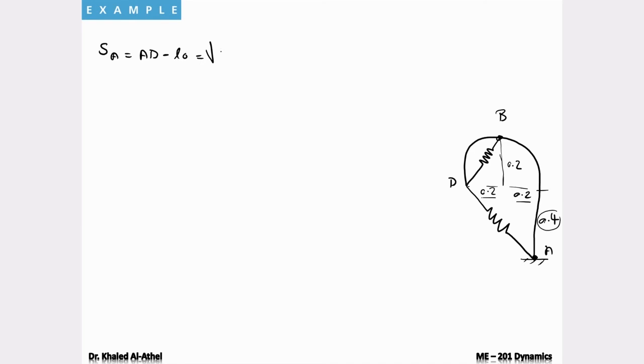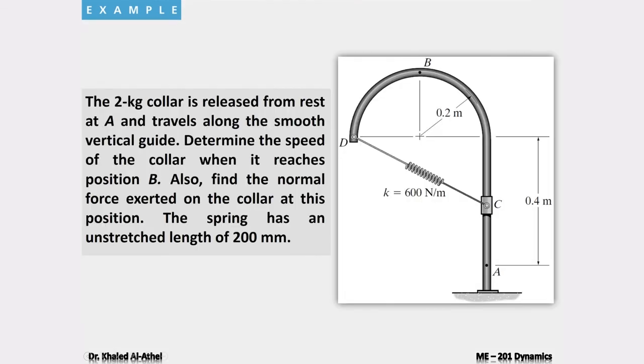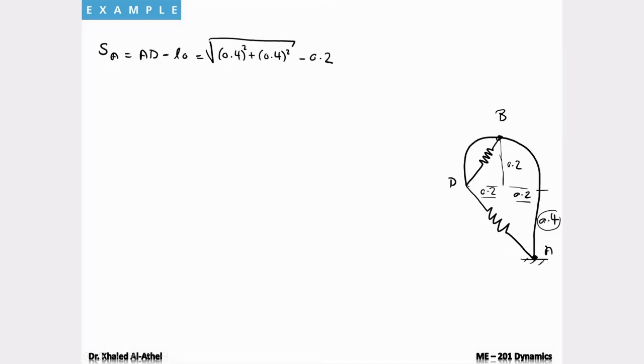So it's going to be square root of 0.4 square plus 0.4 square. This is the current length minus the unstretched length of 0.2. And this was given, if you remember in the problem, the unstretched length is 200 millimeters. Minus 0.2. So this gives me 0.3657 meters.